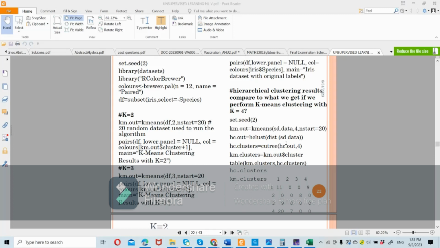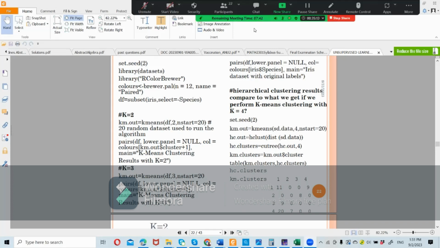Those flowers are the species, and there are 3 classifications of the iris contained in the iris data set.